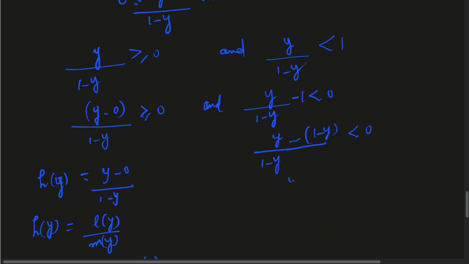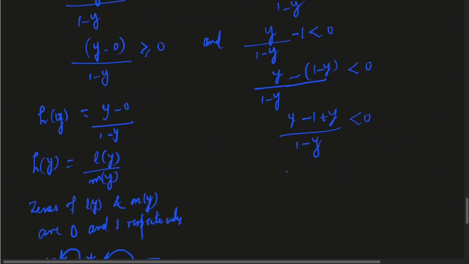This gives us y minus 1 plus y upon 1 minus y less than 0. This gives us 2y minus 1 upon 1 minus y less than 0. We will do similar things. Let us put y everywhere so that we don't have any confusion at the end.